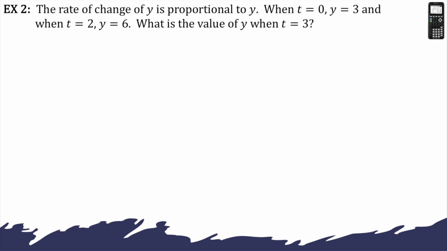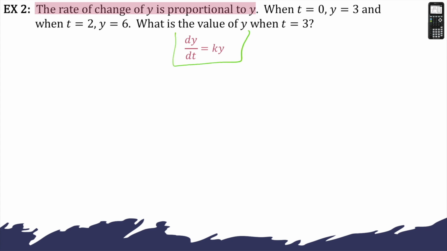So this example says the rate of change of y is proportional to y. When t equals 0, y equals 3, and when t equals 2, y equals 6. So what's the value of y when t equals 3? Okay, there's a lot going on there. First of all, when you read it, the first thing you see is the rate of change of y is proportional to y.